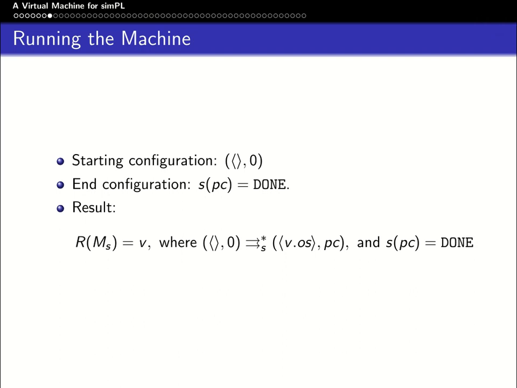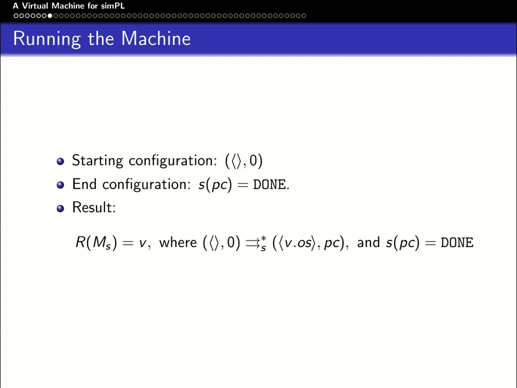We're assuming that we're starting from the configuration where the stack is empty and the program counter is 0. And since it's just two of them, we represent the structure as a pair, and the stack is represented as elements within angle brackets, and the PC, the program counter, is just 0. It's just a number.